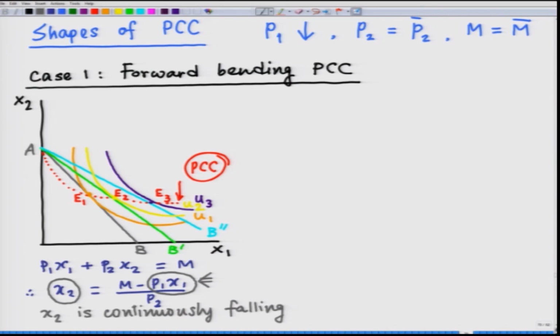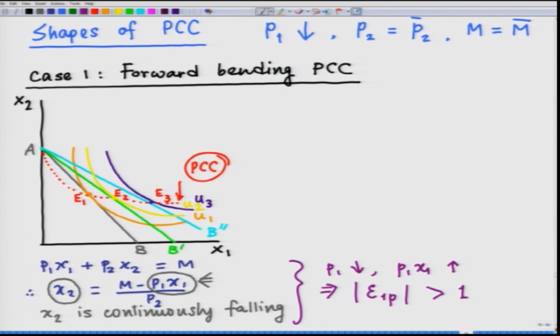So, let me jot down these things for greater understanding. So, here P1 is falling, we see x2 is continuously falling, as a result that can only happen when P1 x1 is rising, and that implies that we are observing a demand function for commodity 1 such that the mod value of its own price elasticity is higher than 1.